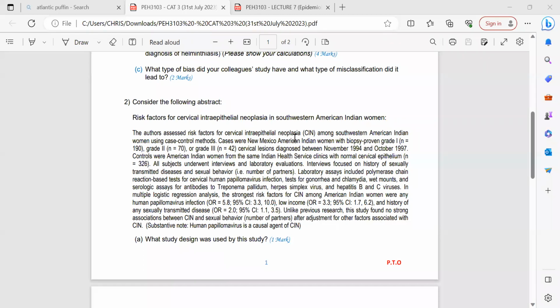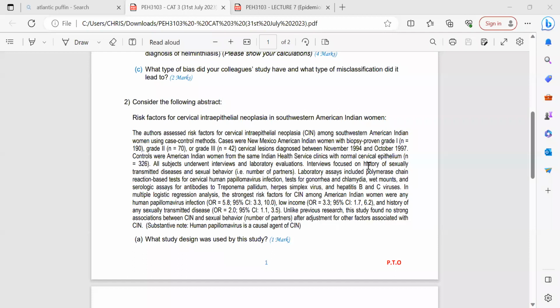Cases were New Mexico American Indian women with biopsy proven grade 1, they were 90, then grade 2, they were 70, and grade 3 were 42 cervical lesions, diagnosed between November 1994 and October 1997. Controls were American Indian women from the same Indian Health Service clinics with normal cervical epithelium, and they were 326.